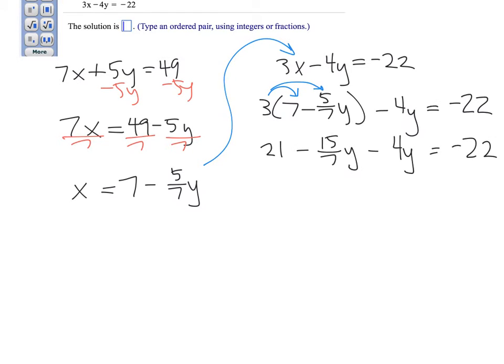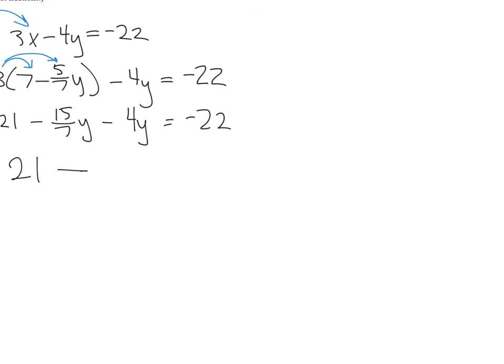Now we need to combine these like terms right here. Basically, you've got a negative minus a negative, so really we need to add these numbers and just stick on a negative sign. So we know it's going to be 21 minus, but now let's go over on scratch paper and add 15/7 plus 4.